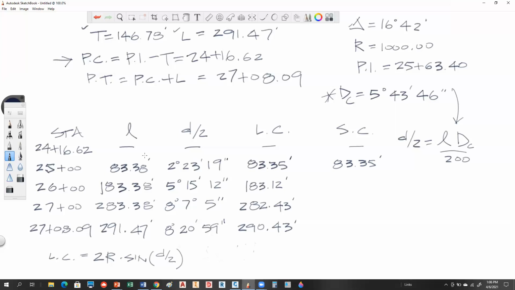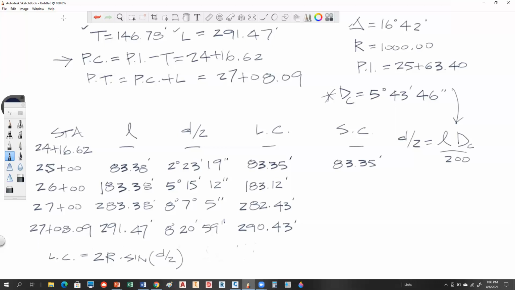If you notice that number, 2 degrees, 51, 53, it's actually half of this right here, which should make sense because if this is 100 feet, the deflection angle is always half of that angle. So we're going to take that 2 degrees, 51, 53, that increment, and plug it in here.